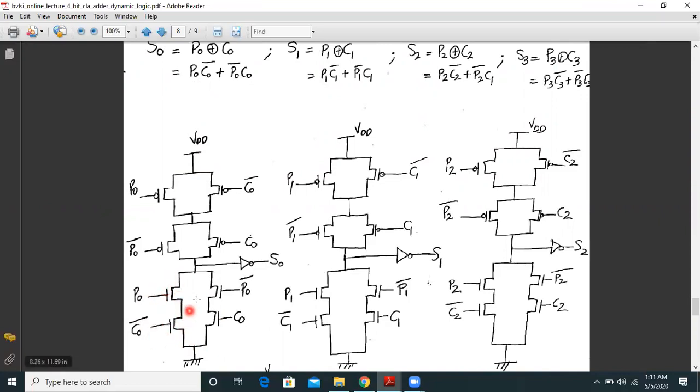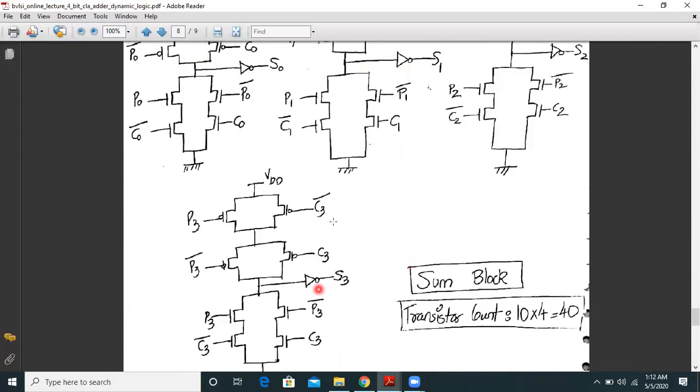This network is in parallel with two transistors again in series with P0 bar and C0. Exactly the complement will happen in the pull up network, and the output is S0 bar. So we have to connect the CMOS inverter at the output to get S0. Similarly, we have to implement S1, S2 and S3 blocks.